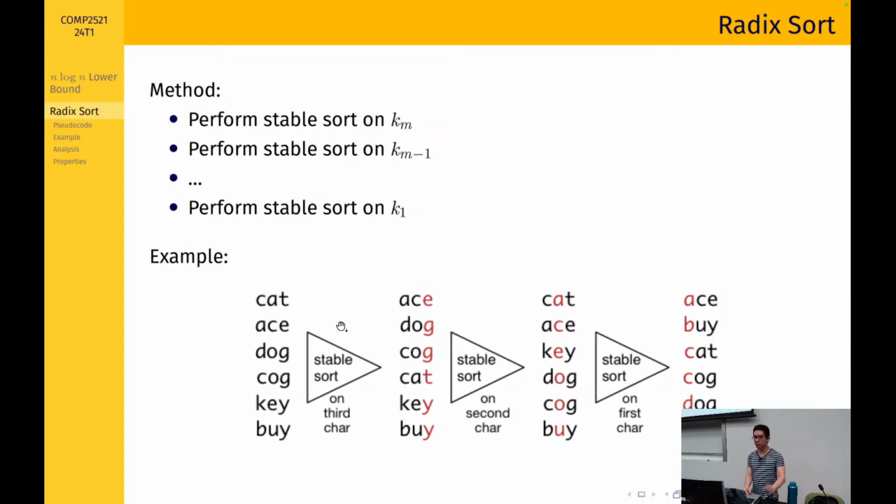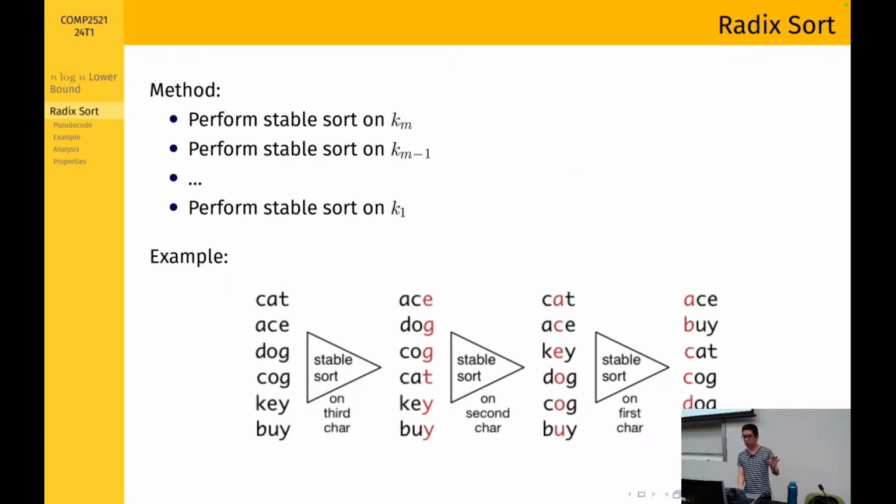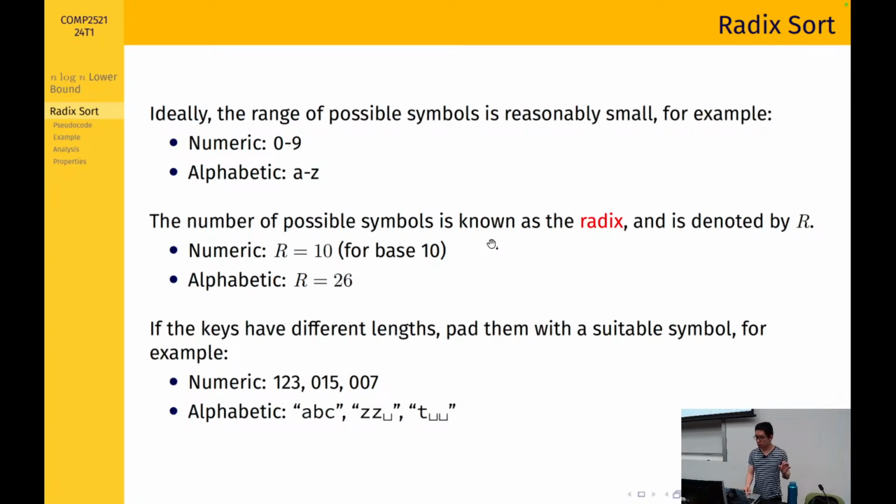Right, so in order to perform these stable sorts, we use a special sorting process, and that is to use buckets. With radix sort, we are guaranteed to have a constant number of possible symbols. That's called the radix.